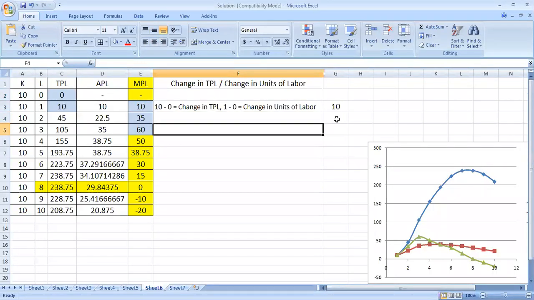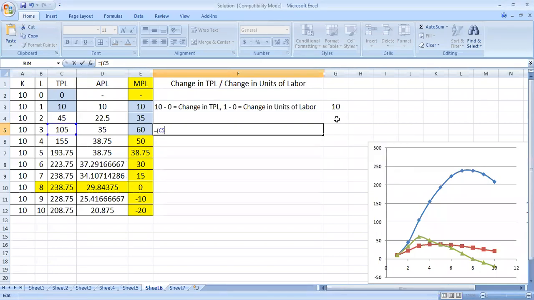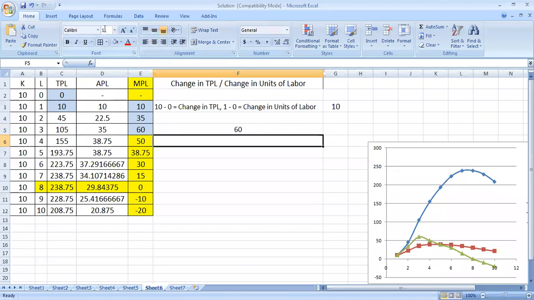And think about 60, it also appears by taking the change in total output and then the change in units of labor. So you see, this 60 appears by following the same formula, right?